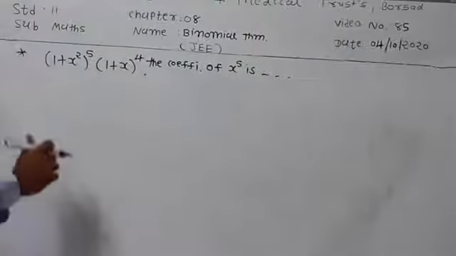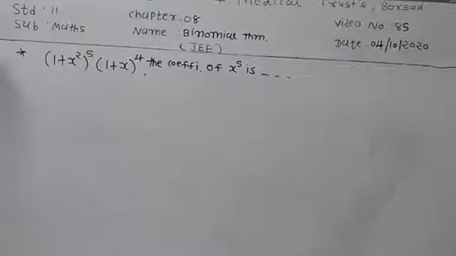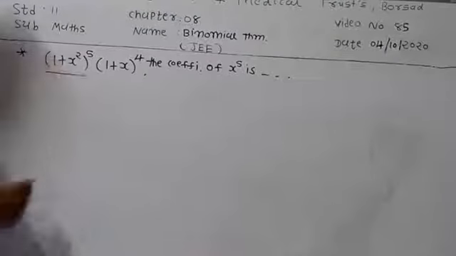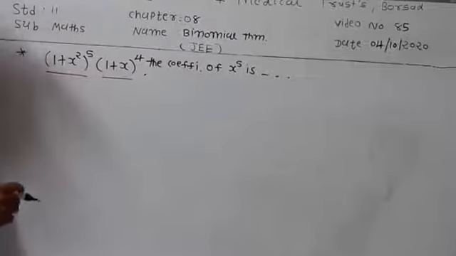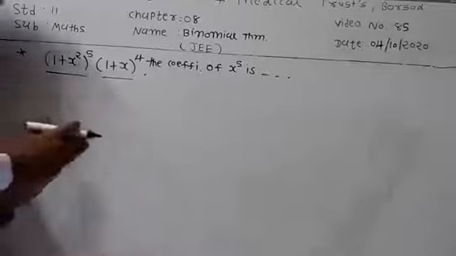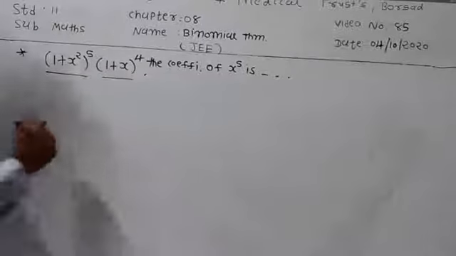So first of all, a total of 2 terms is present. First expand (1 plus x square) raised to 5, then expand (1 plus x) raised to 4. Now after the product of these terms, find out the coefficient of x raised to 5.